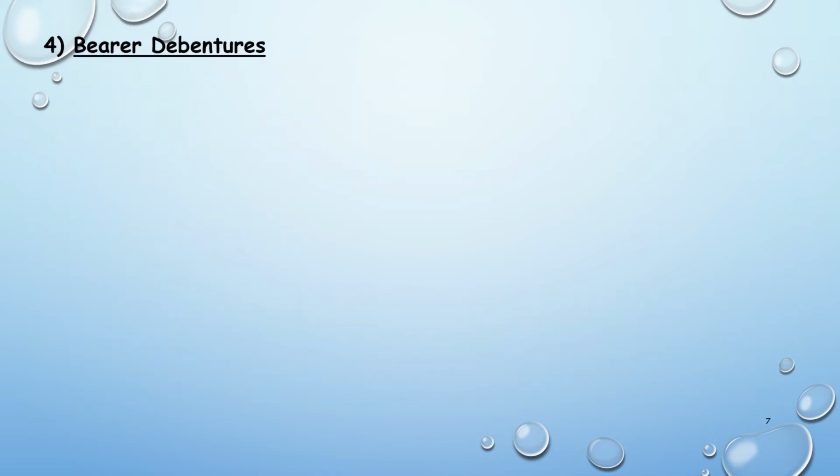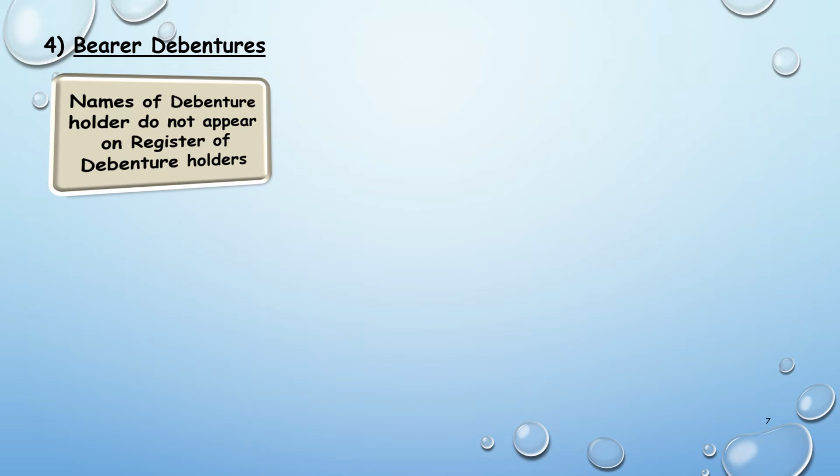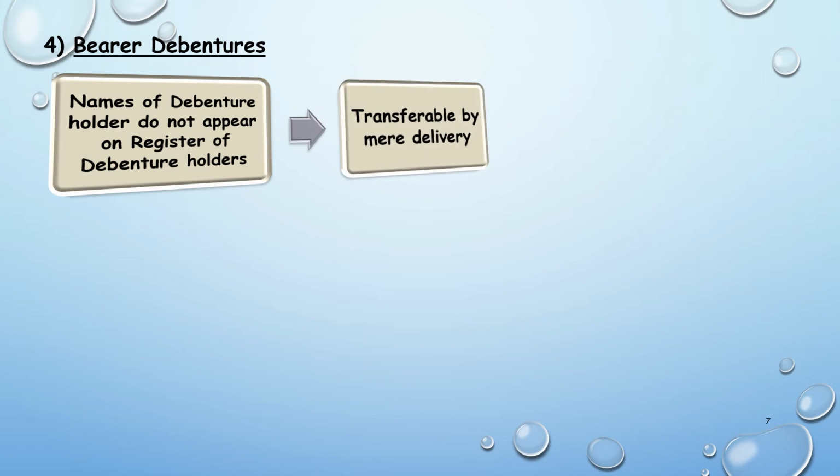The fourth type of debenture is bearer debentures. Bearer debentures are those debentures wherein the names of debenture holders do not appear, that is, they are not recorded in the register of debenture holders, and they do not appear on the face of the debenture certificate. In such a case, transfer of debentures takes place by simple or mere delivery, which means that it does not require execution of a regular transfer deed.